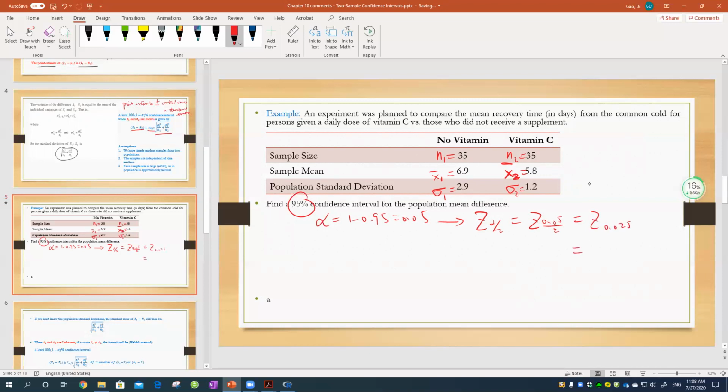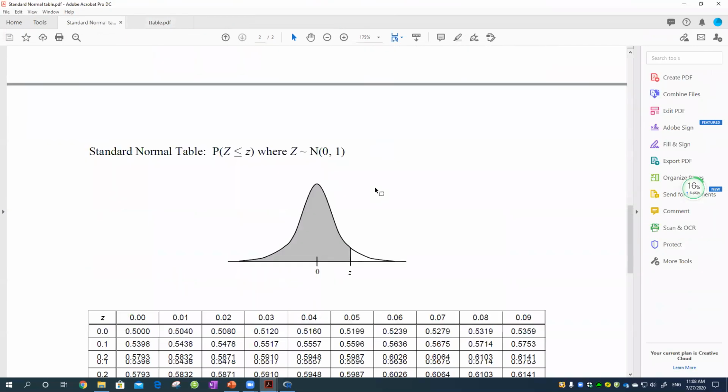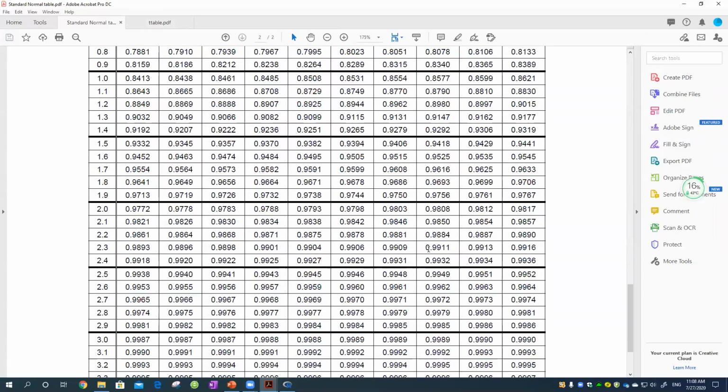So we need to check 0.975 in the standard normal table. Usually we don't have an exact number, but for 0.975 we do. And then the reading for the critical value or z-score will be 1.96.